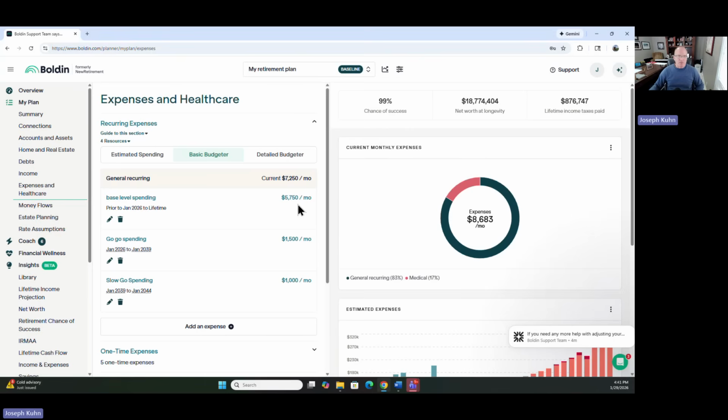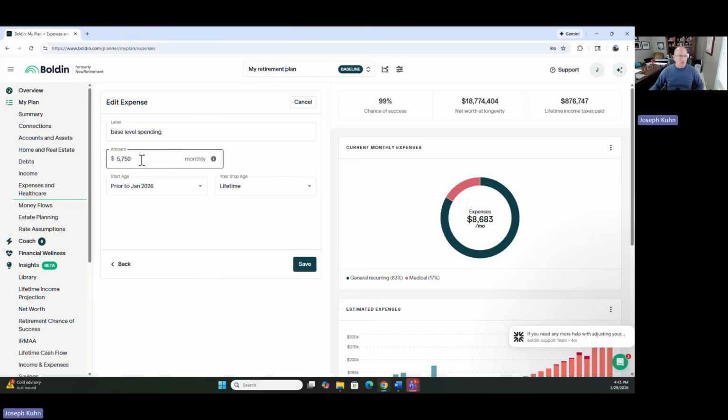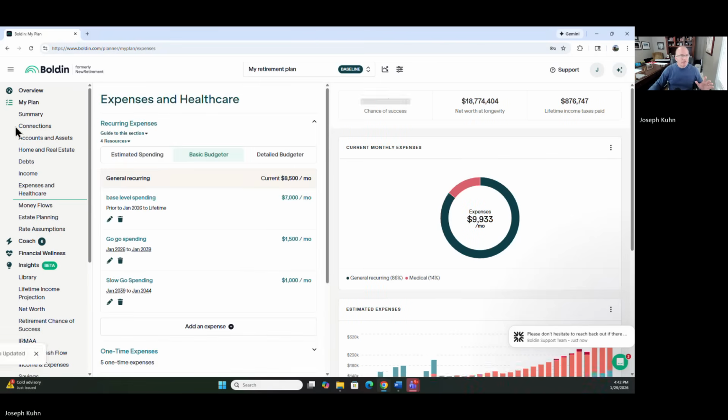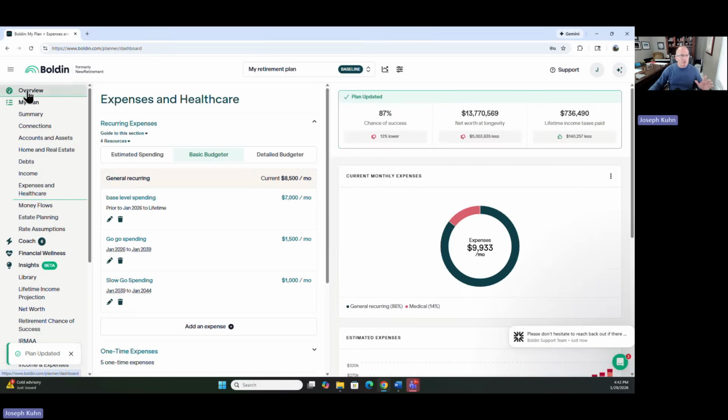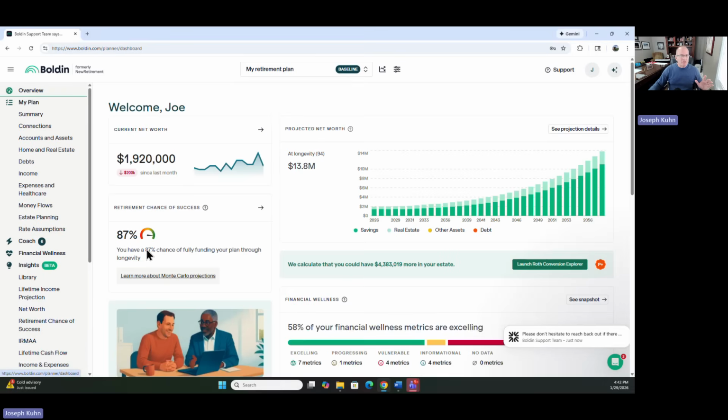I'm going to take that from 5750 up to, let's take that up to 7,000. So, $1,250 increase a month. And that takes the overview down to 87, adding 1,250 a month, only to 87.